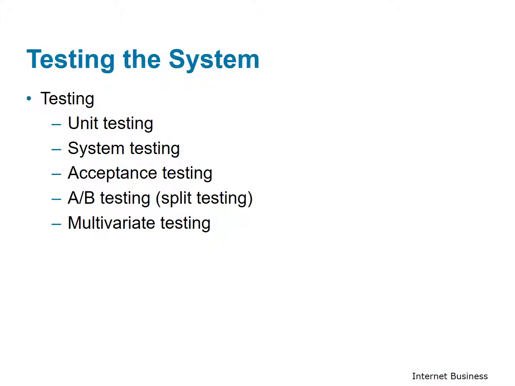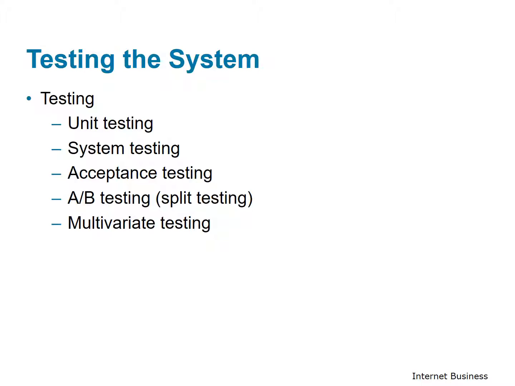Multivariate testing involves identifying specific elements or variables on a web page, such as a headline, image, button, and text, creating versions for each element, and then creating a unique combination of each element and version to test.